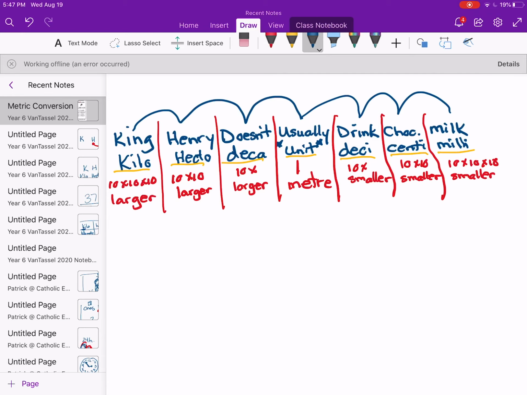And so if I have something that is 2.3 kilograms, and we say that equals how many, let's say, decigrams, you start at the first one. So what you're starting with is kilograms and you're changing it to decigrams.